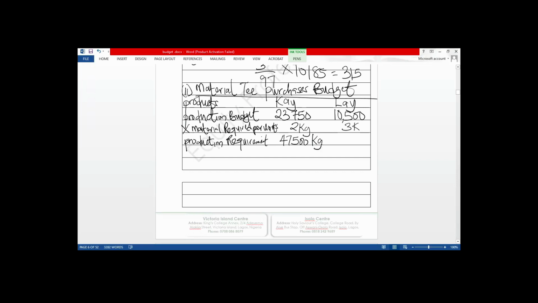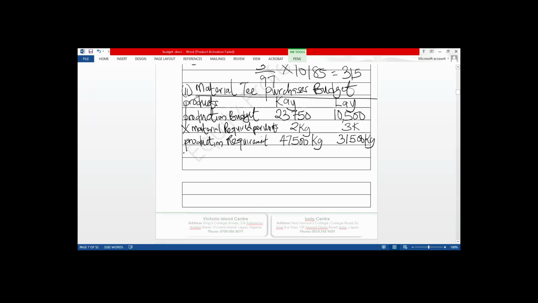To produce product K, I require 47,500 kg of material T. How many do I require here? 31,500 kg. You have gotten material required for production. But this is not the raw material you need to purchase.